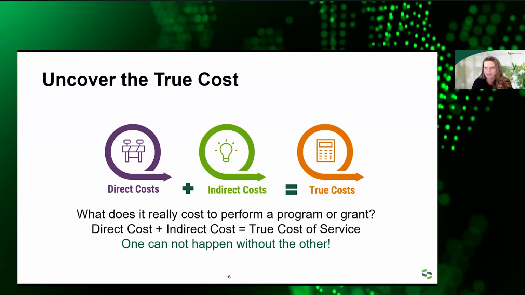We're going to get more cops on the street. We're going to have better resources to serve the constituents. If we don't look at our indirect costs to the place they're actually being incurred, then we're not really representing that in the budget. We're not representing what is really happening.